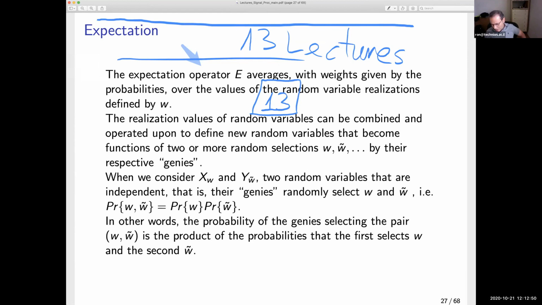I would like you to know what expectation is, and what an autocorrelation matrix and a correlation matrix of a set of random variables are. I will explain it from scratch, so if you don't know what it is, I will present it in class.